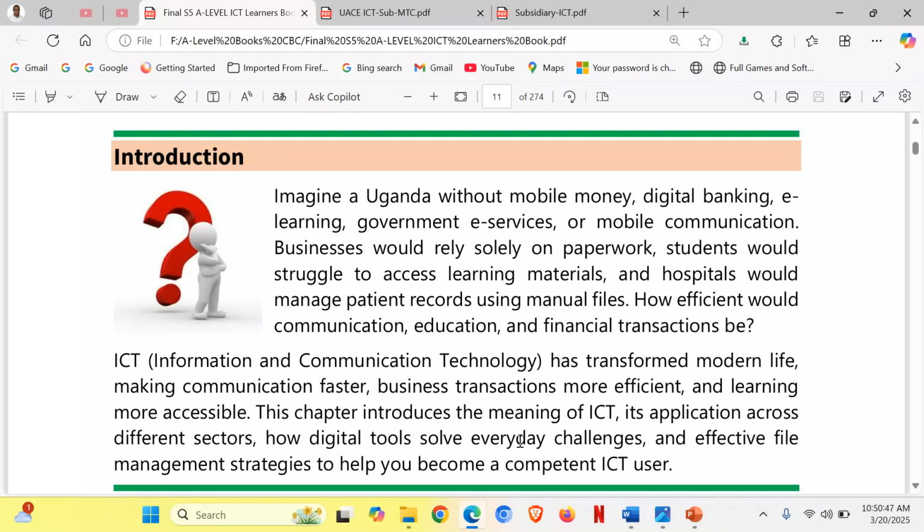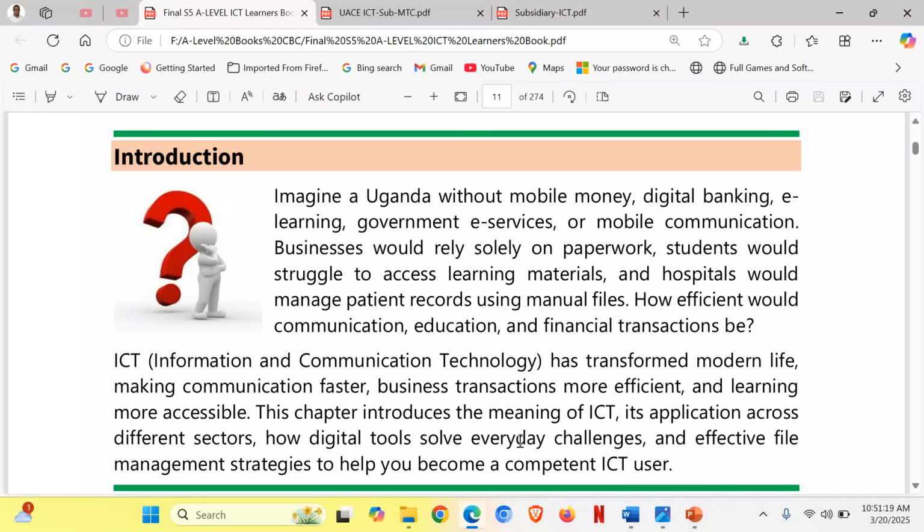Imagine a Uganda without mobile money, digital banking, e-learning, government e-services, or even mobile communications. Businesses would rely solely on paperwork, students would struggle to access learning materials, and hospitals would manage patient records using manual files. How efficient would communication, education, and financial transactions be?